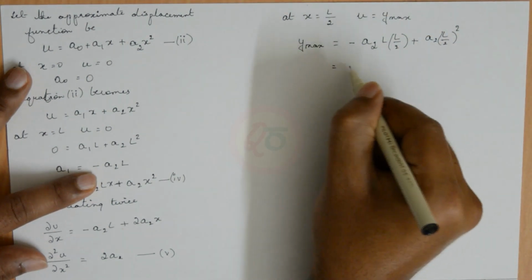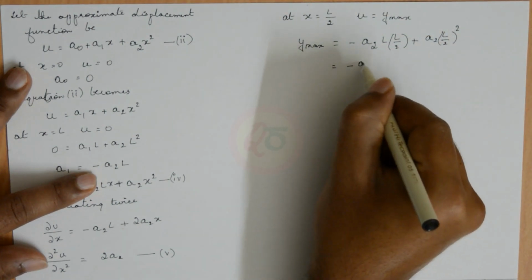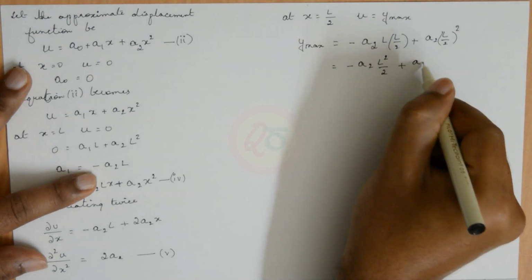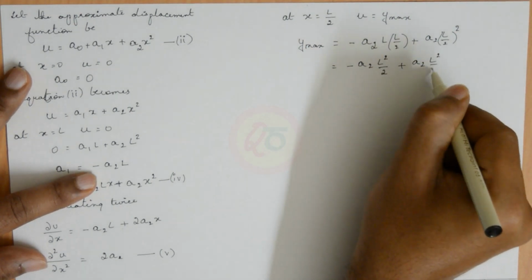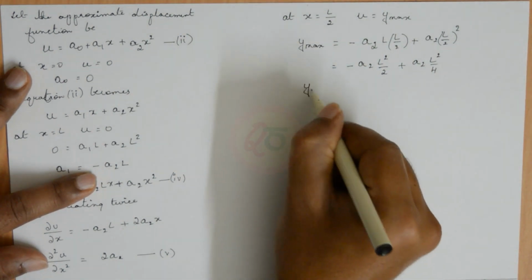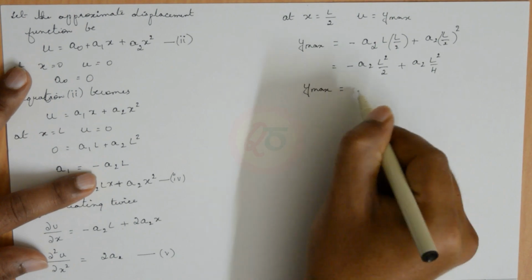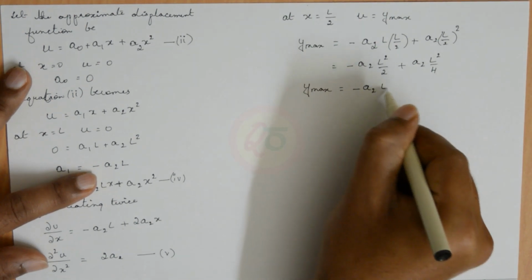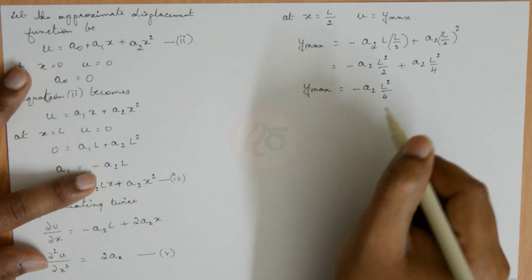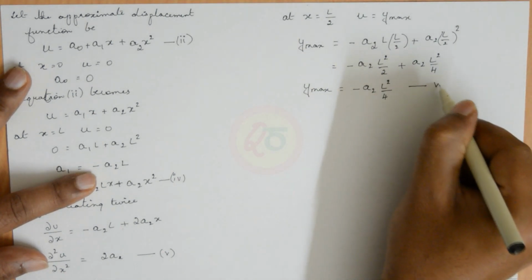This is nothing but minus a2 L square by 2 plus a2 L square by 4, or when you simplify this, y max is equal to minus a2 L square by 4. Call this equation 6.